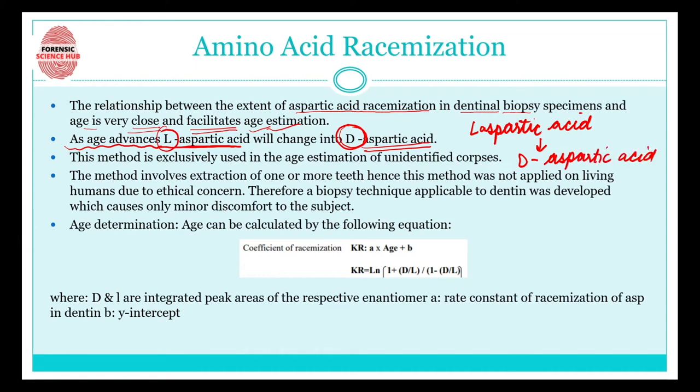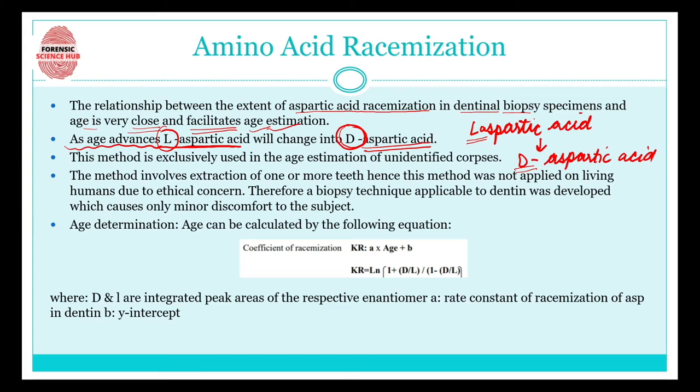There are a number of changes that occur in the proteins, a number of chemical reactions like oxidation, isomerization, racemization. These are age related changes that occur. Among these changes, one is racemization. Racemization means conversion of L form to D form, and this starts to occur as the age progresses.